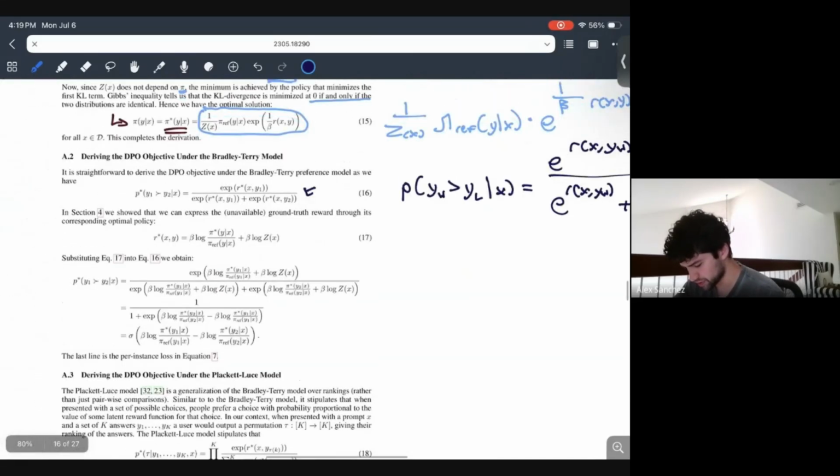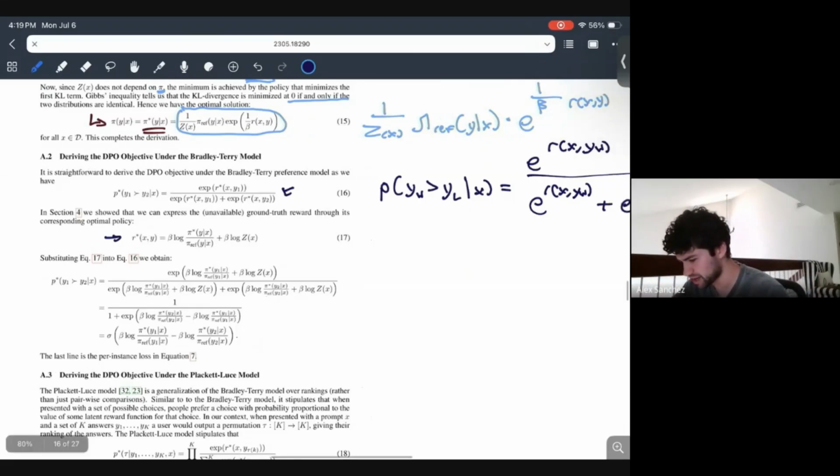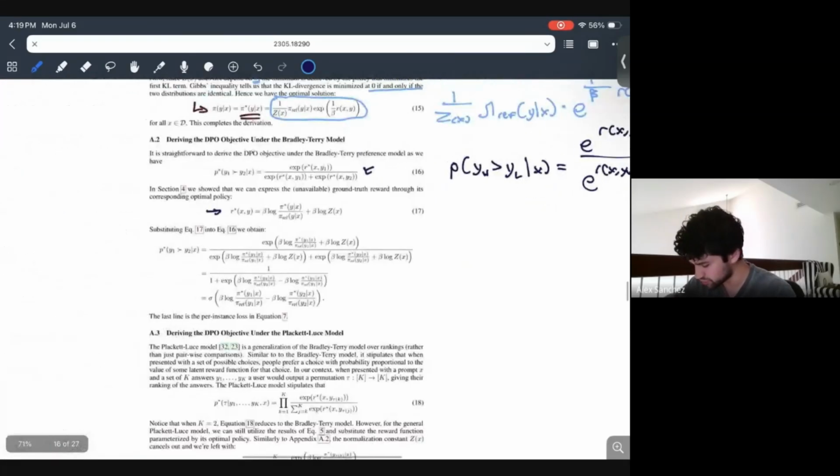So let's look at this. We can express the ground truth reward through its corresponding optimal policy. Now what we want to do is find the new reward as a function of the policy. I'll show you how to reach this point.